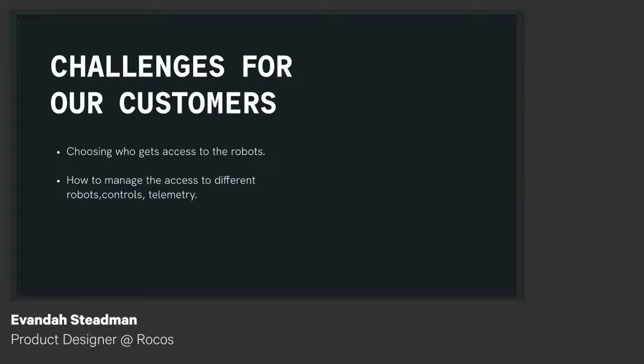And so we need to make sure that we're managing the security behind it, but also some people inside of the organization, there might be some entry-level people who don't really know how to use the robot potentially. So we need to help them choose who gets access to that robot. So entry-level people can just have a look at it, and don't accidentally send it off a cliff, for example.